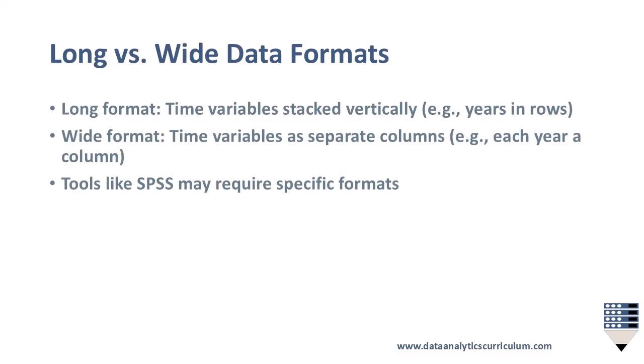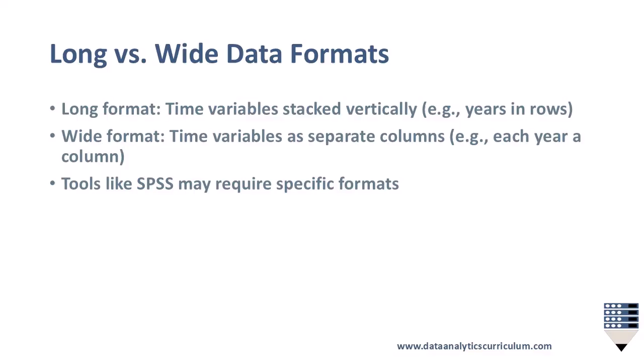Long versus wide data formats. Another common restructuring task is switching between long and wide data formats. In a long format, repeated measurements such as years or months are stacked vertically in a single column. In a wide format, each of those same measurements appears as a separate column across the spreadsheet.